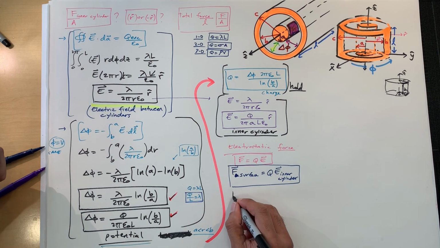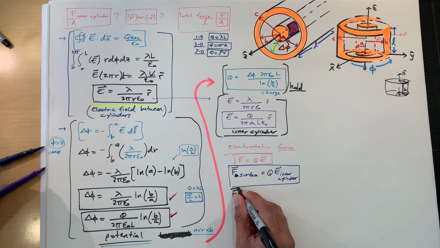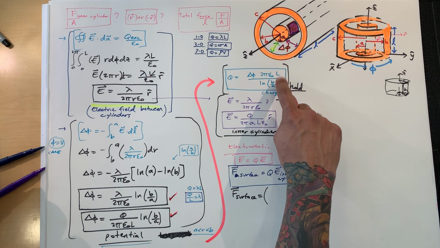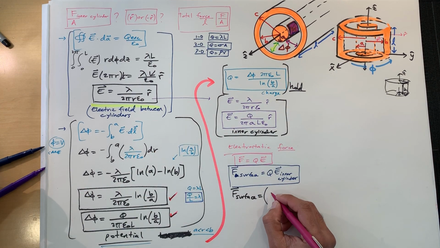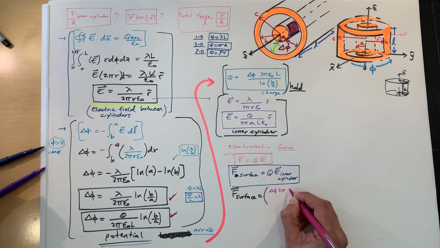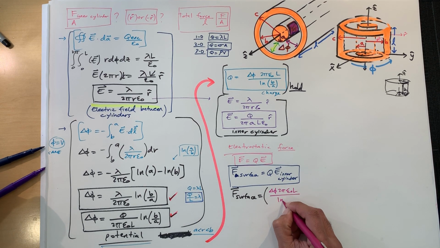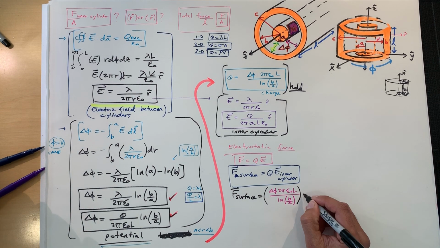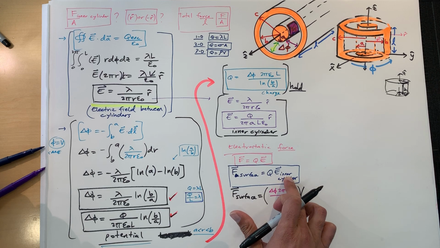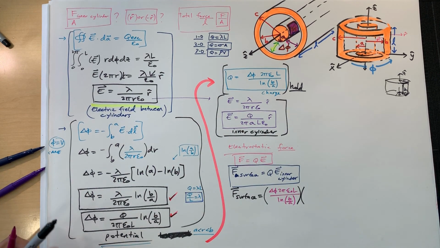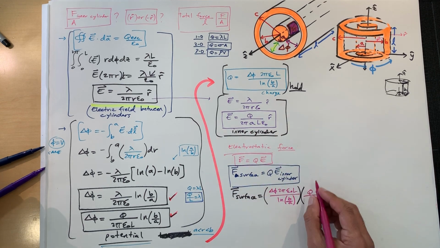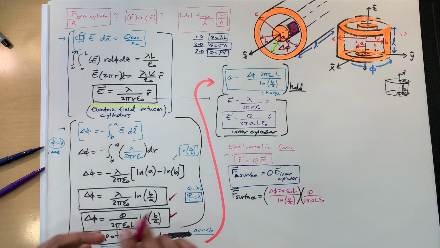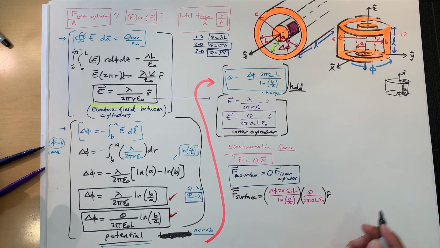We have F of the surface, which is going to equal Q, and we know that Q can be represented like this: potential, 2 pi epsilon naught L over ln of B over A. And then we have the electric field in the inner cylinder that we found to be this: Q over 2 pi A L epsilon naught. Remember, everything is in the radial direction.